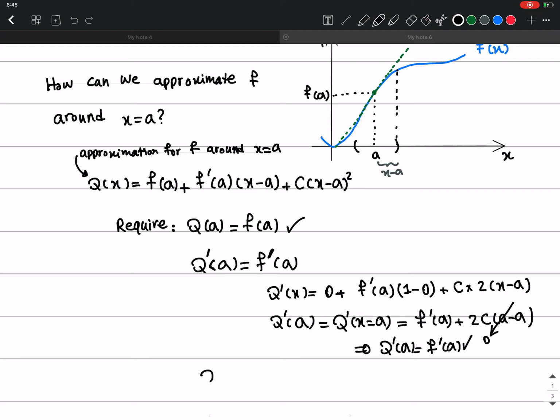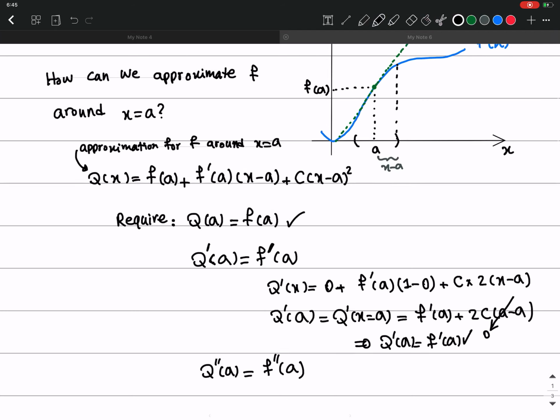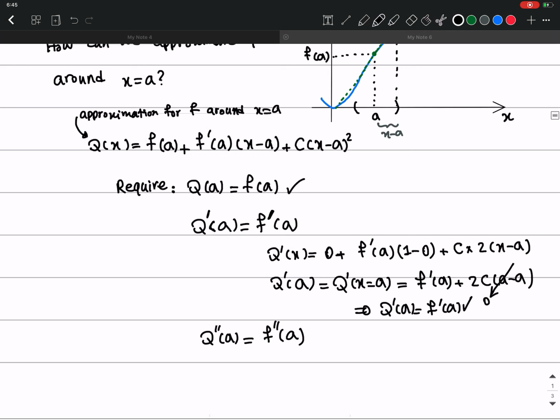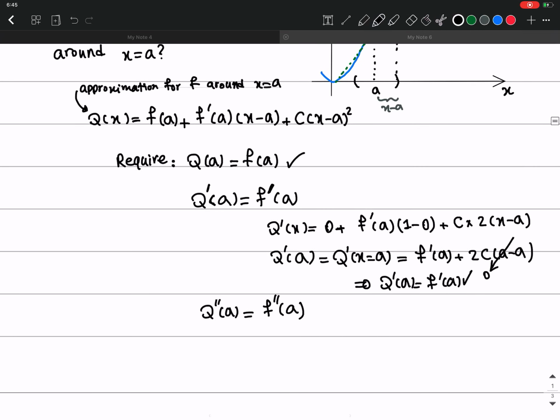I want also the second derivative of Q at point a to equal the second derivative of f at a. So let's see what this entails. We had Q prime(x). So I want now to get the second derivative, Q double prime(x). So I have it here.